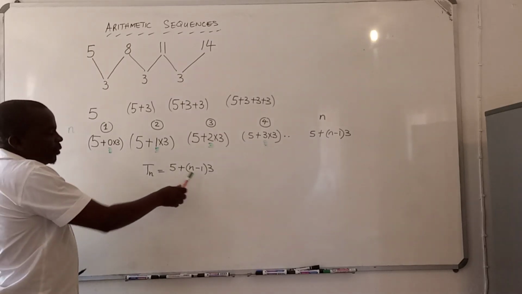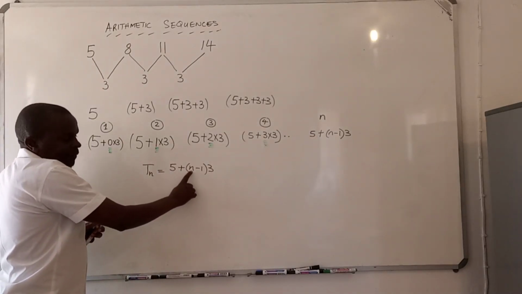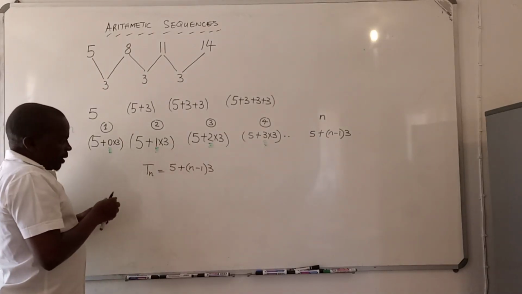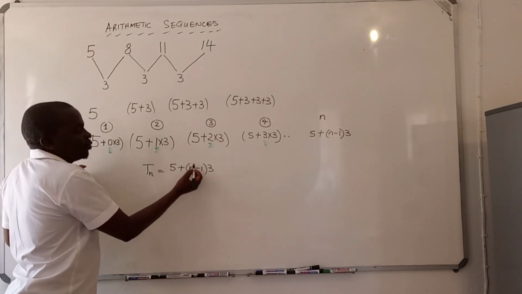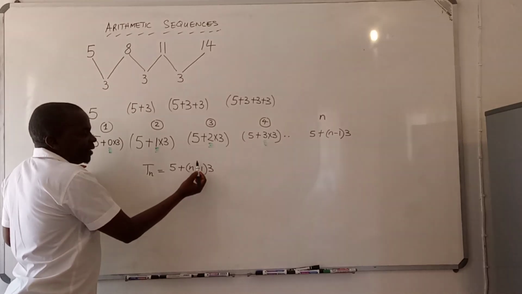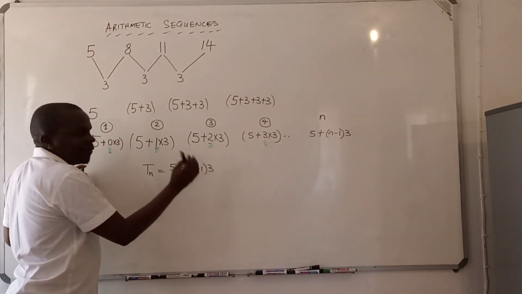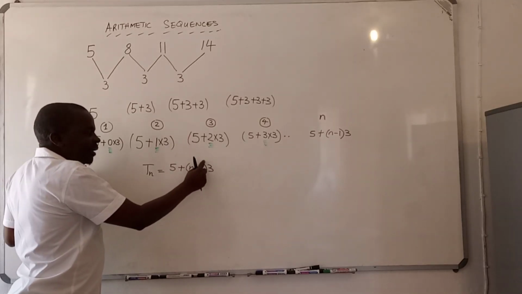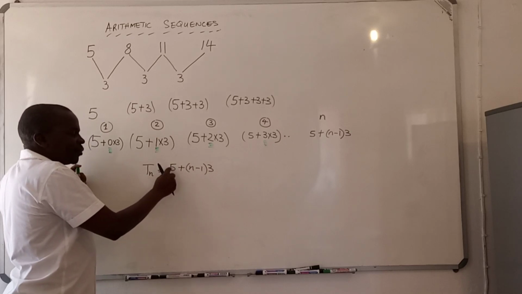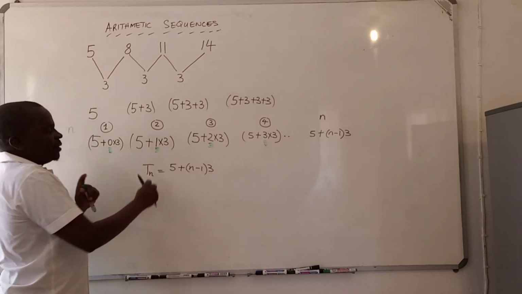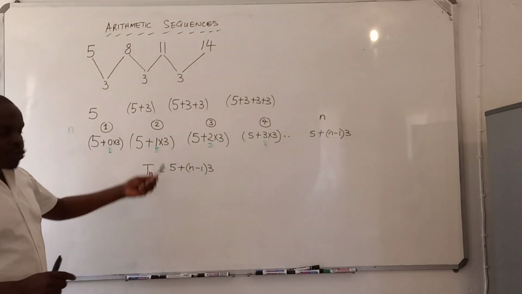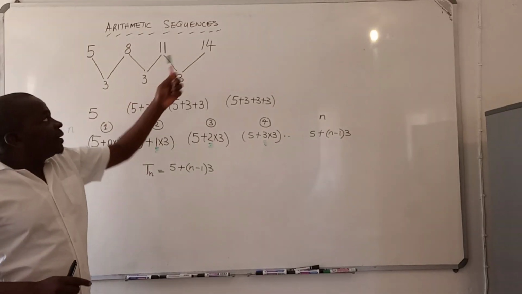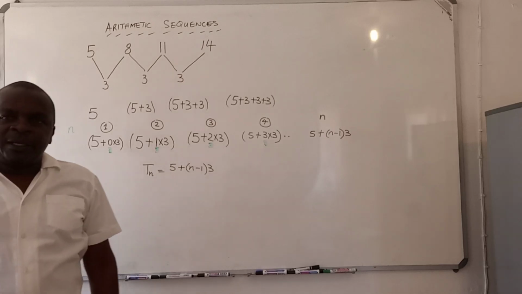According to this formula, we can simply substitute a 4 here. 4 minus 1 will give us 3. Then 3 times 3 will give us 9. And then 9 plus 5 is going to give us 14, which is correct. So this expression is true for this particular sequence.